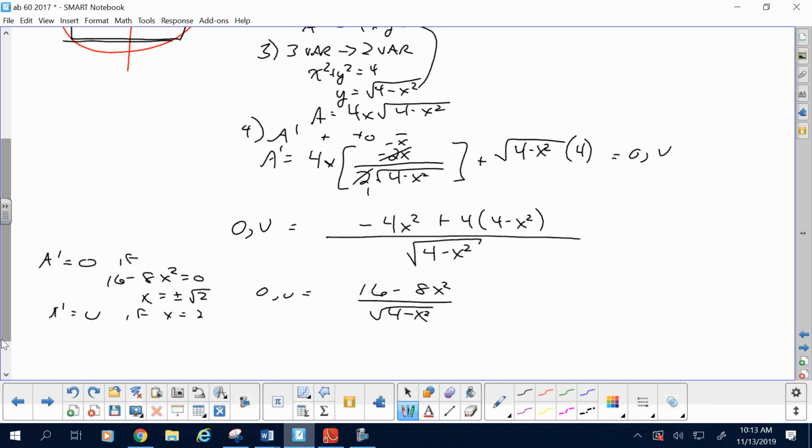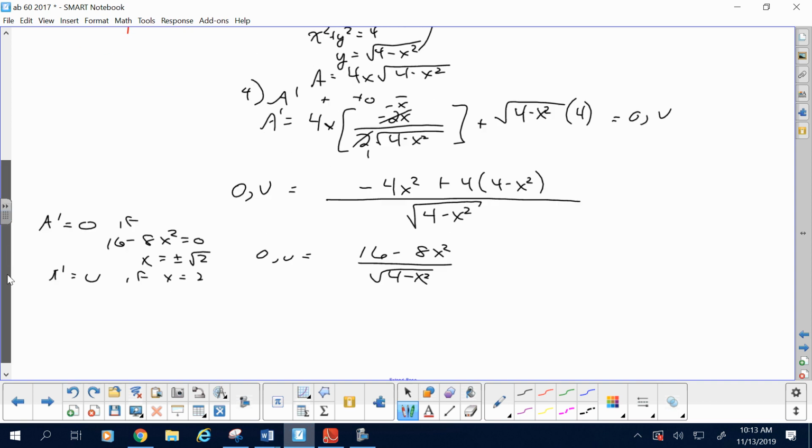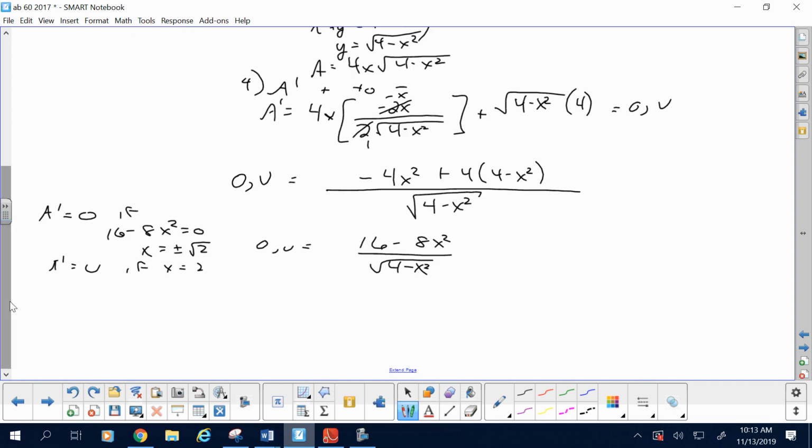I think you'll agree that when x is less than root 2, x would be small and the numerator is positive, implying that the area was increasing up to that point. After root 2, x gets bigger, this is negative, implies area starts to decrease. So did we get a max when x is root 2? We did. Okay, so now answer the question.